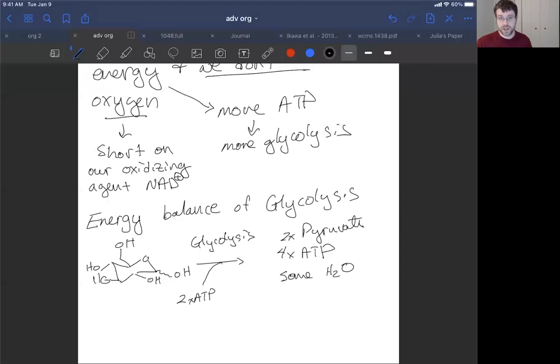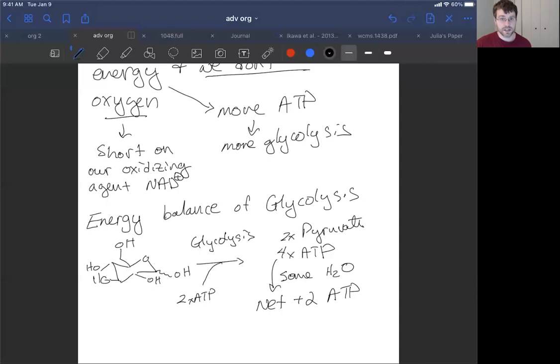Both of those actually generated 2 molecules of ATP each. Because we put 2 in to make the bisphosphate, and we got 4 out, the net outcome is net plus 2 ATPs. And really, that's a big reason why we use sugar for energy, to generate those 2 ATP molecules.